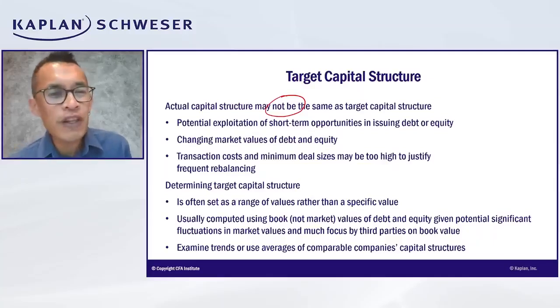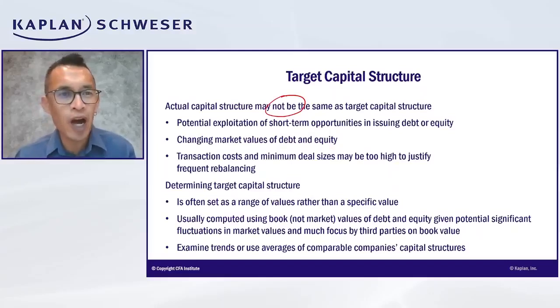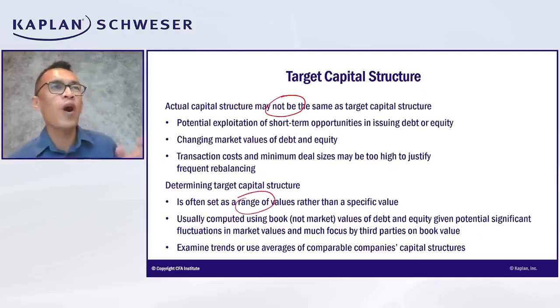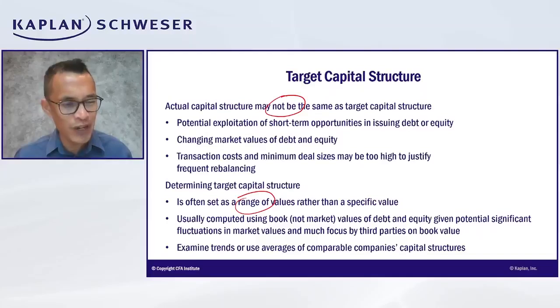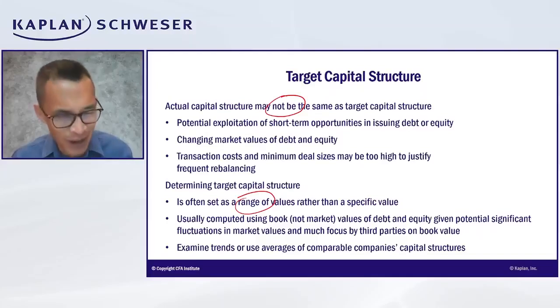Now, given the many estimates involved, it makes sense that the target capital structure is expressed, of course, as a range of values, okay? Rather than one very pinpointed arbitrary amount. So what's slightly confusing is that target capital structure is often determined using book values, okay?